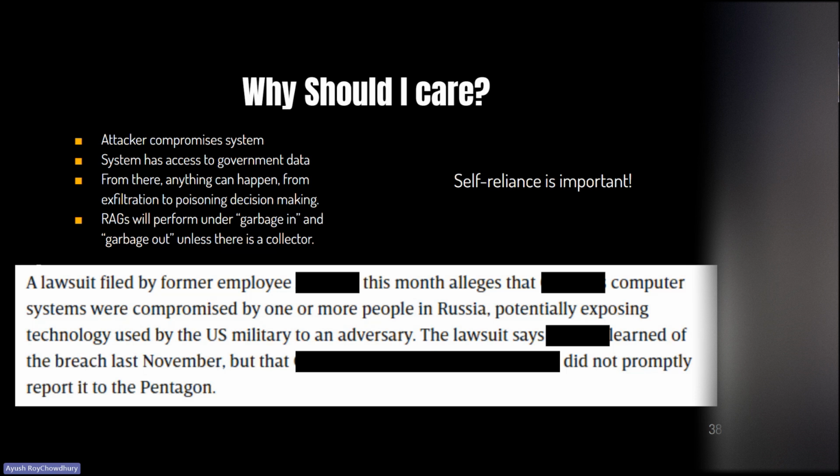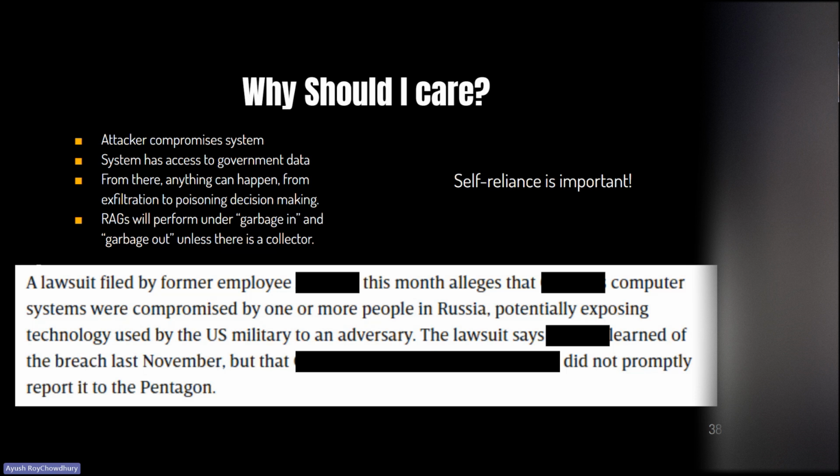And this is where it becomes important, because later on what we'll see is anything can happen, whether it is poisoning the data as we've seen that leads to poor decision making, or exfiltration, or backdoor attacks. RAGs are simply a system that was built to give your LLM the ability to give a quick response based on the data that you feed it.